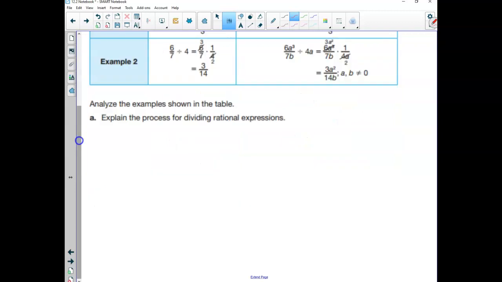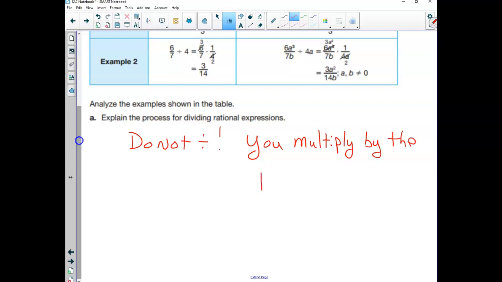Well, it's pretty easy. Do not divide. You multiply by the reciprocal. You don't divide fractions.